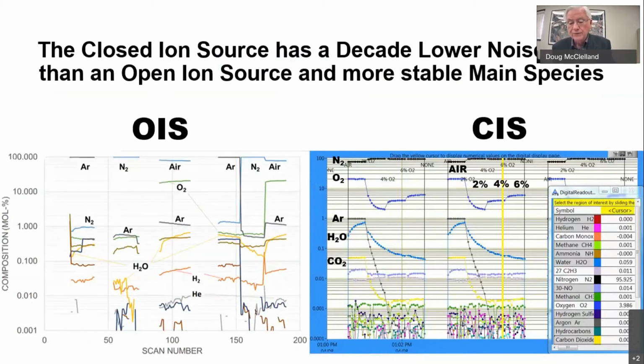You change to different oxygen standards, and you can see the level rapidly achieves a stable, trustworthy value, as opposed to the drift that is still occurring with the change of gas composition in the OIS. So for a larger incremental cost, you can go to the CIS, but it's worth the investment for the quality of the data that you have.